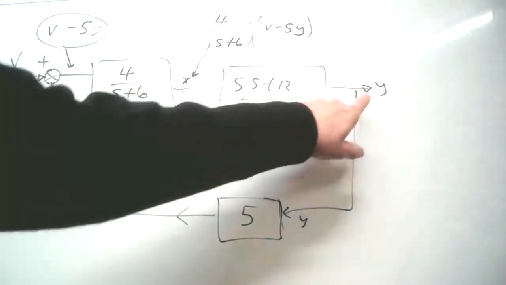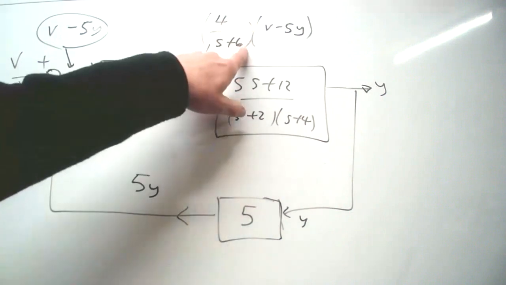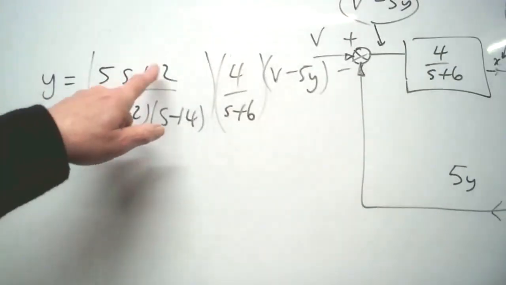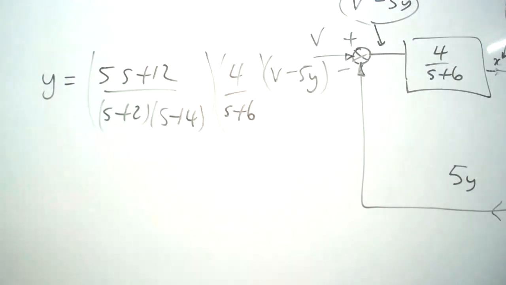So y is this term here times that term there, so it's going to come out as y, there's that term there, 4 over s plus 6, times v minus 5y.